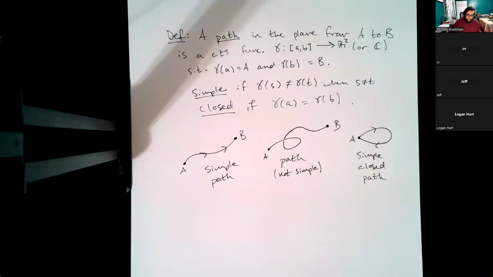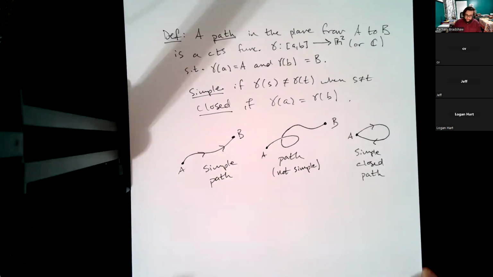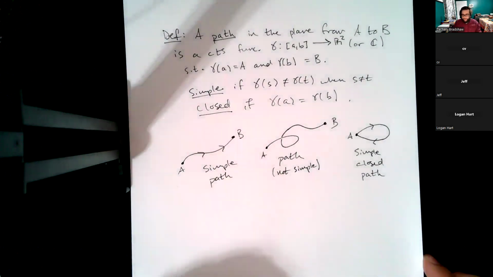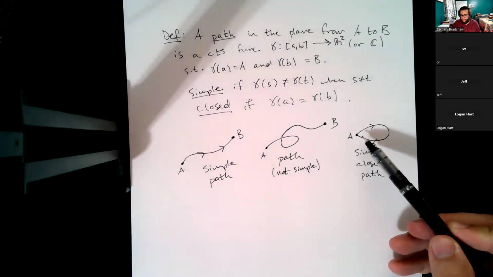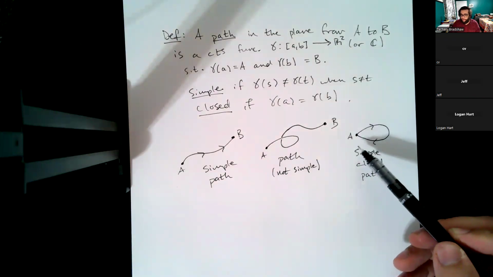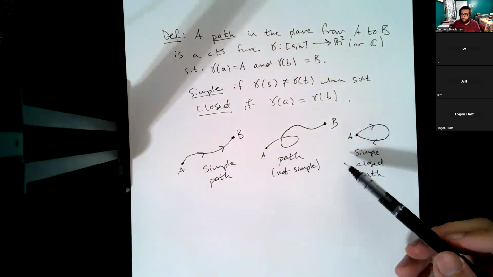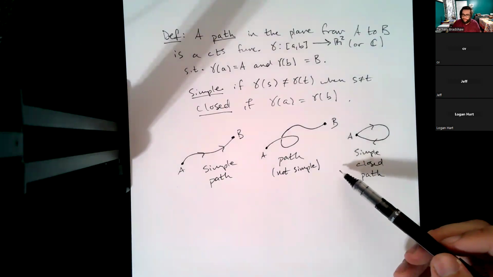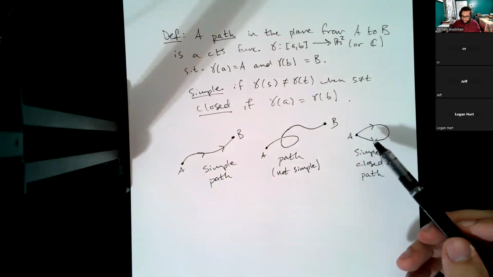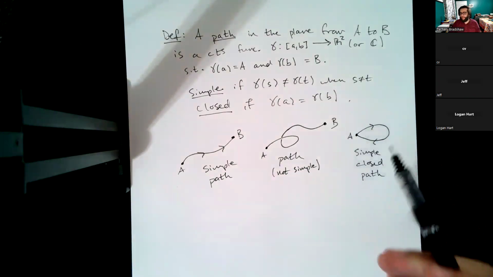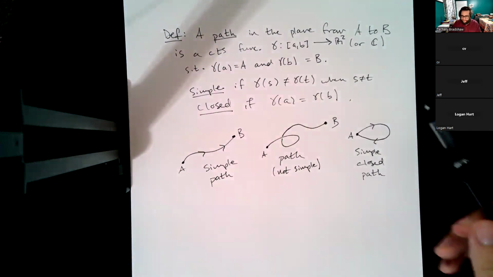Okay, so in the future, we're going to be very concerned with simple closed paths when we talk about Cauchy's integral theorem and formula, residue theorem, and so on. So maybe as a quick look at the future, a little foreshadowing.